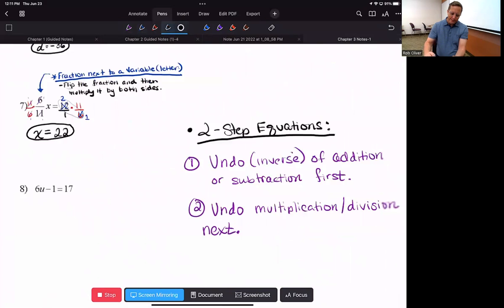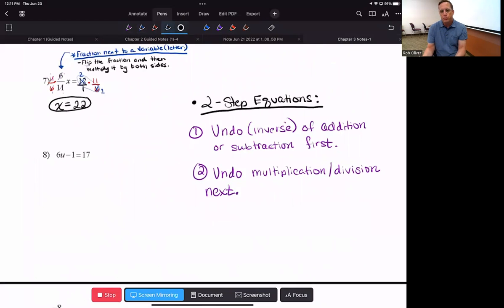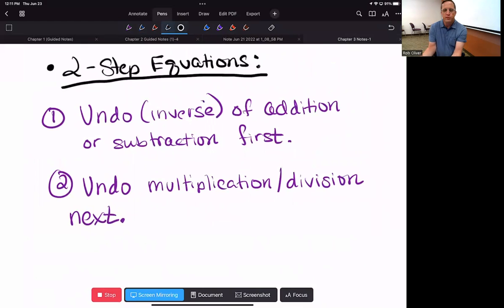Okay, number 8, and continuing on from number 8, those are examples of two-step equations. Now the rule for two-step equations is very simplistic, because there can be more to two-step equations.